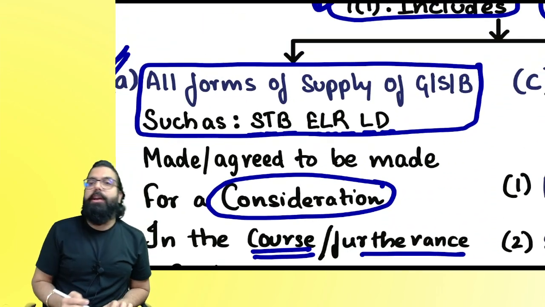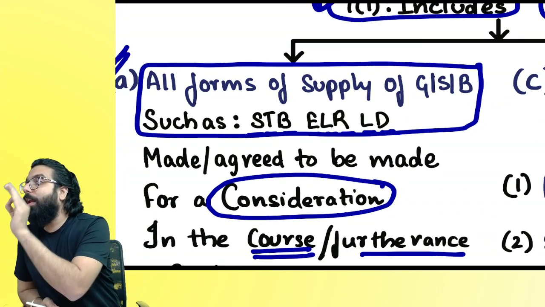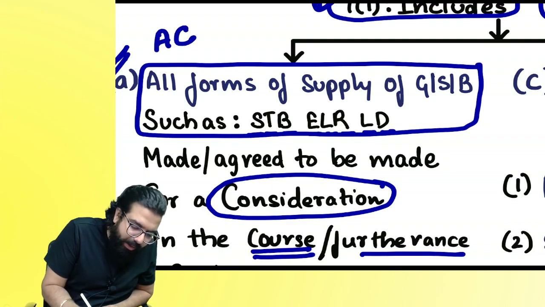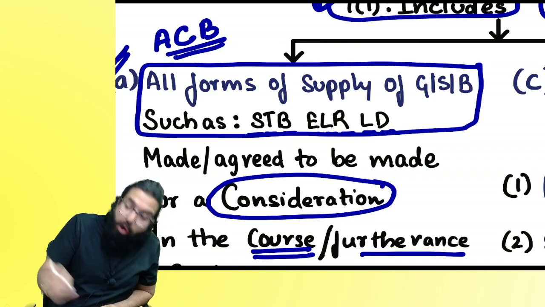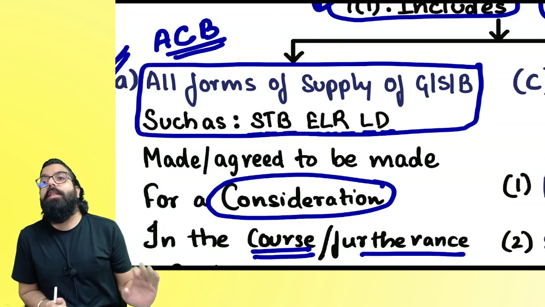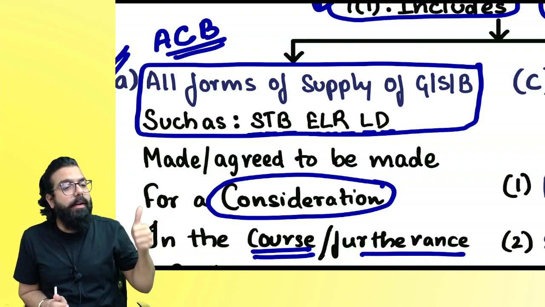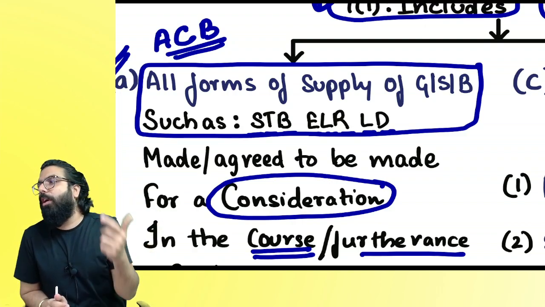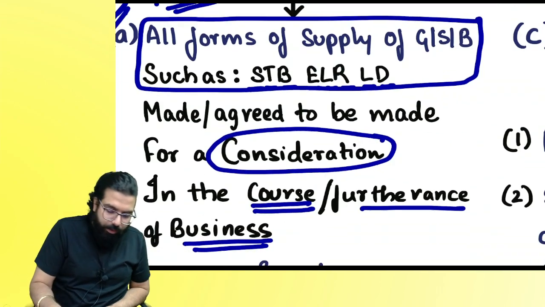So for an activity to be a supply under section 7.1A, it has to be an activity for a consideration in the course of your business or for its furtherance. Furtherance means promotion or expansion of your business.